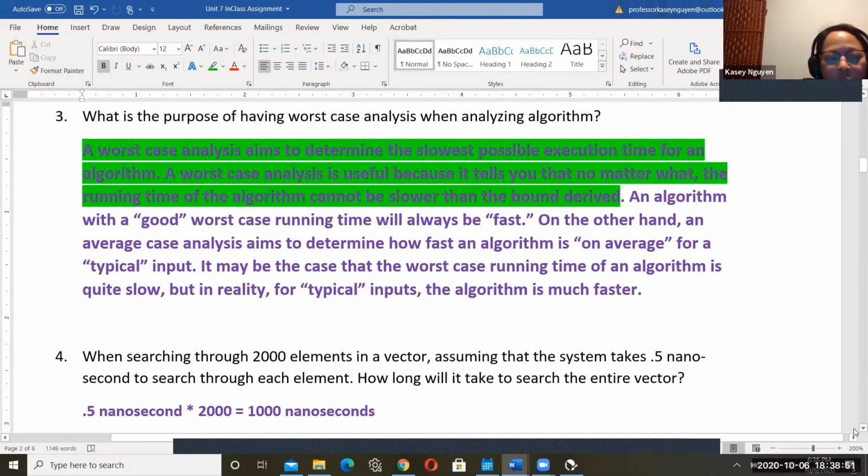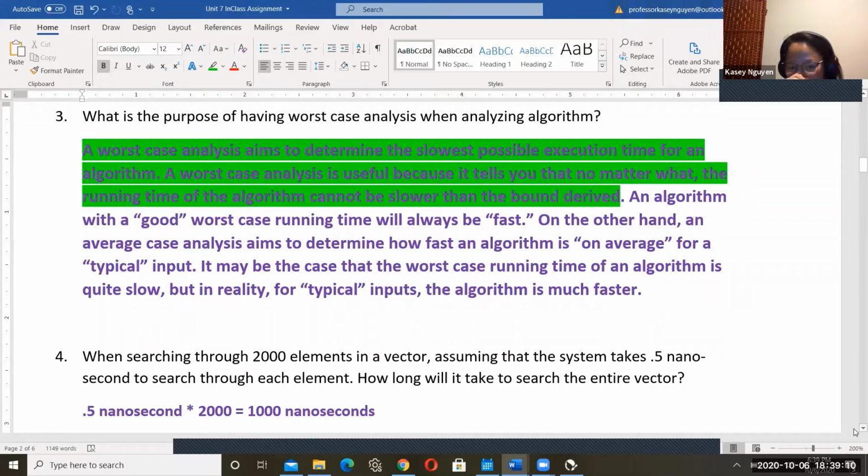So in the next question, question 4, it asks: when searching through 2,000 elements in a vector, assuming that the system takes 0.5 nanosecond to search through each element, how long would it take to search through the entire vector?